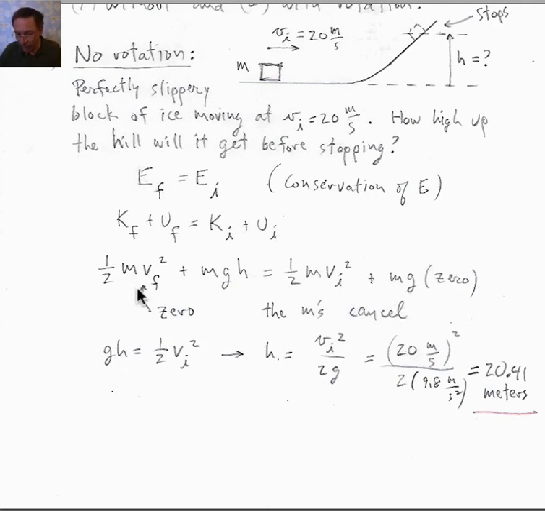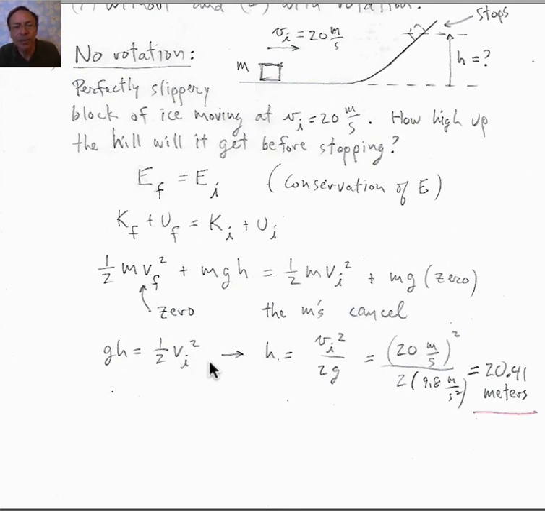Notice that we have m and m, so we can divide by m throughout, and the m's go away. And so we're left with g h equals 1/2 v sub i squared, the initial velocity squared.